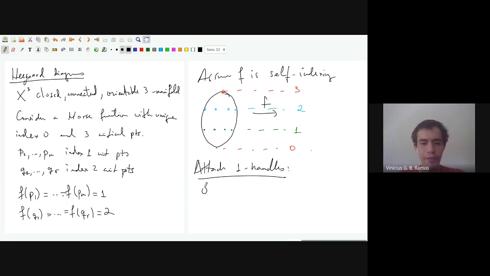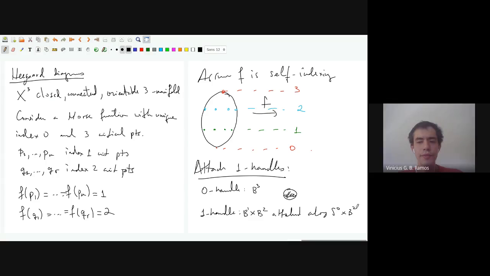Okay, so let's see what happens when we attach 1 handles. A 0 handle, we've already seen: it's just a B3 attached to nothing. So what's a 1 handle? A 1 handle is a B1 times B2 attached along S0 times B2.